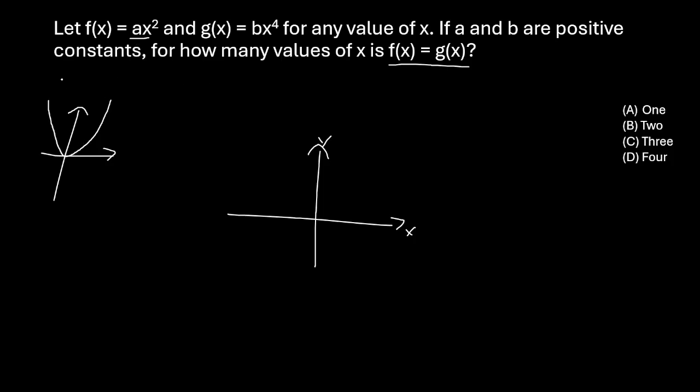It would stretch and be steeper. And because we know that a and b are positive, it won't turn upside down, so it would be facing upwards. Let's sketch it like that.